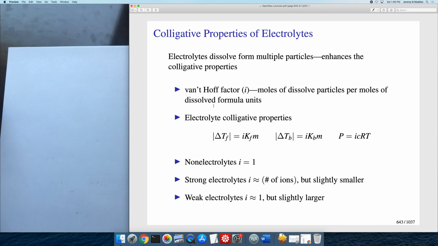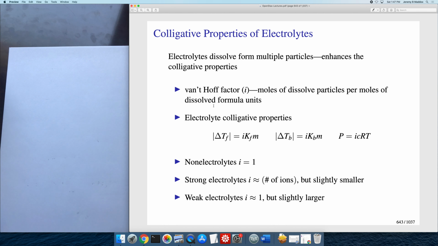So if I had a 1 molal solution of sodium chloride, which completely dissociates, that would be like having twice the number of particles dissolved. And that's going to have a doubling impact on the colligative properties, which depend on the number of dissolved particles.